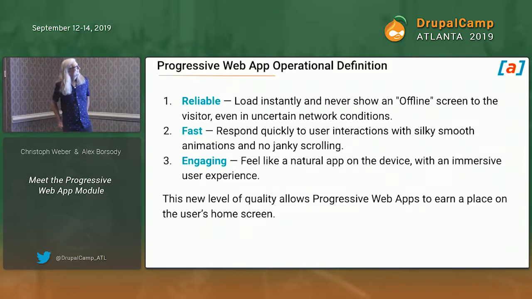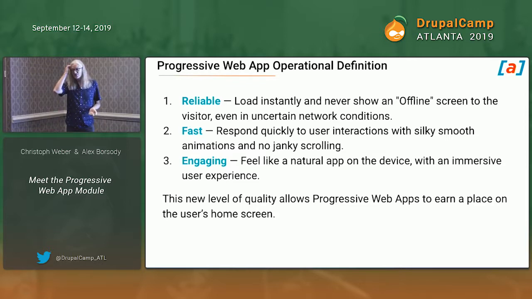So from an operational perspective, what does a progressive web app do? It's reliable. It loads instantly. It never shows an offline screen, hopefully, to the visitor, even under uncertain network conditions, or say when you're in an airplane, but you actually want to check up on stuff that you've looked at. It's fast. It responds quickly to user interactions, has smooth animations and no janky scrolling.